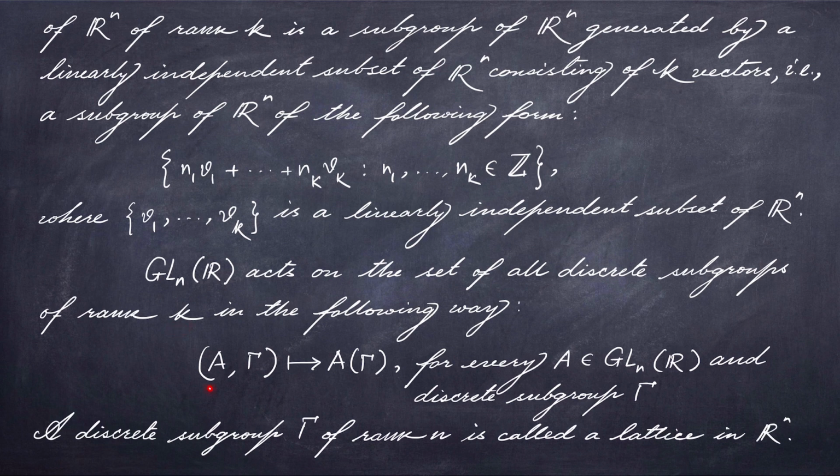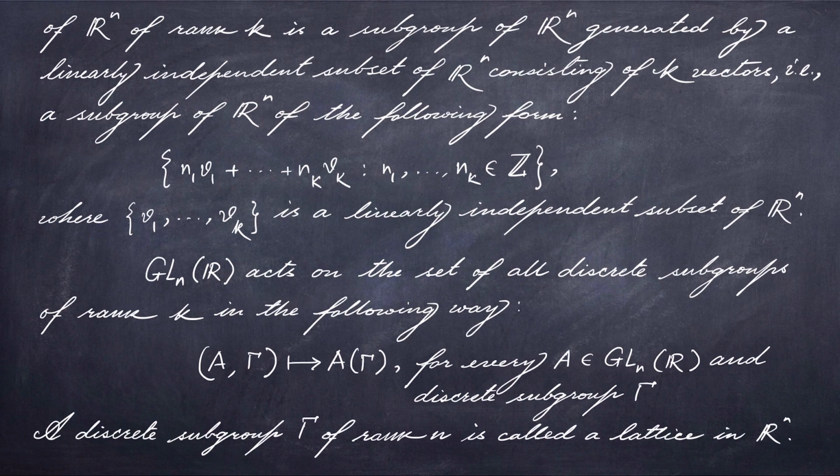Namely, a matrix A and a discrete subgroup gamma, this pair is being sent to the image of the discrete subgroup gamma by this invertible linear map A. Since the image of a discrete subgroup is again going to be a discrete subgroup, that indeed defines an action here, and that's how we obtain the action of GLnR on the collection of all discrete subgroups of Rn of rank k.